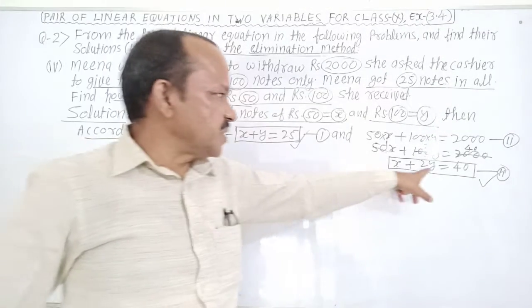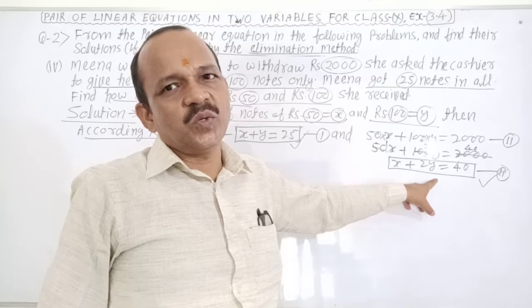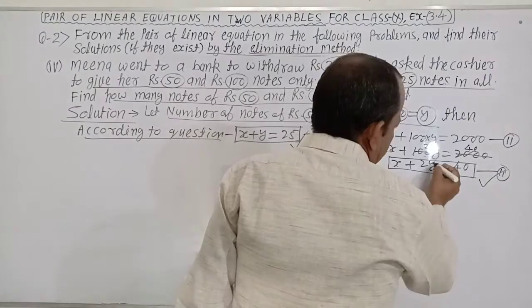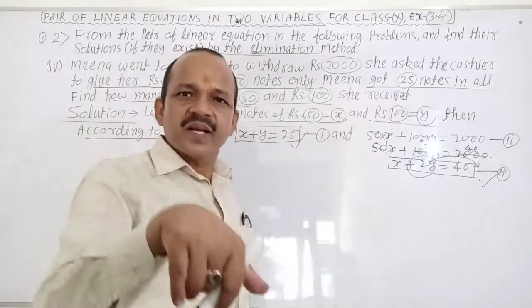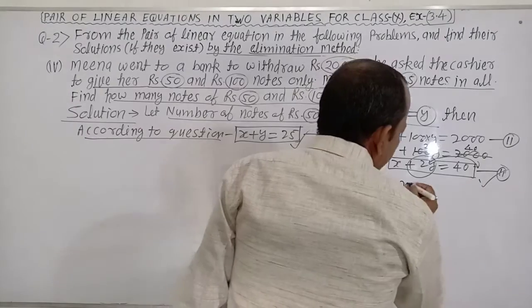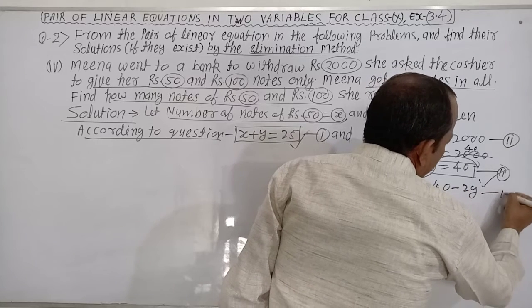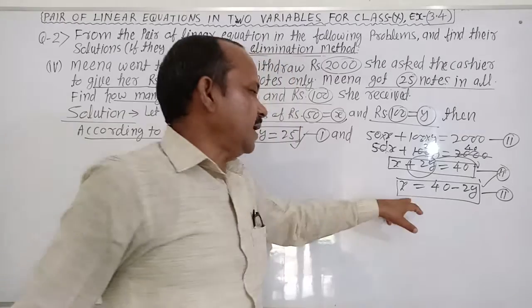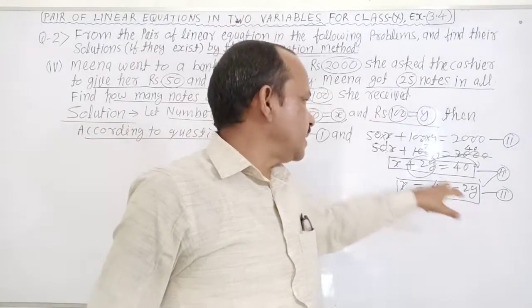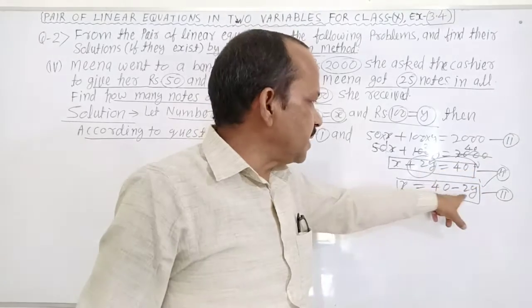Equation first and equation second are clear. No confusion about it. Very good. You can write plus 2y on the right side of equal. It becomes x equal to 40 minus 2y. Equation second: x equal to 40 minus 2y. Here plus 2y, when you write it on the right side of equal, becomes minus 2y.